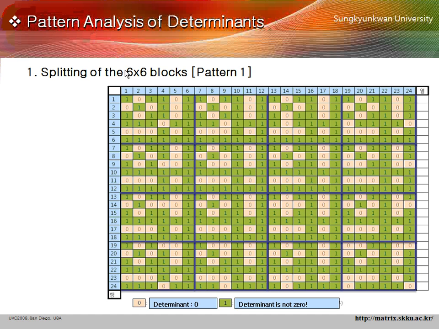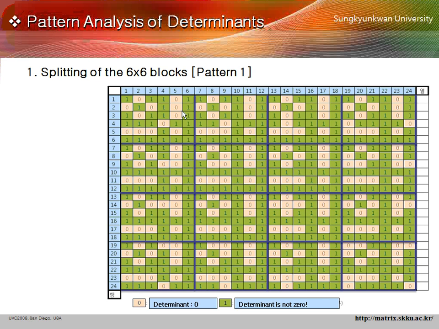So we make a note. We found the determinant of the matrix A of each size: 1 by 1, 2 by 2, 2 by 3, 5 by 5, 5 by 6, 5 by 18, 20 by 20, 24 by 24.